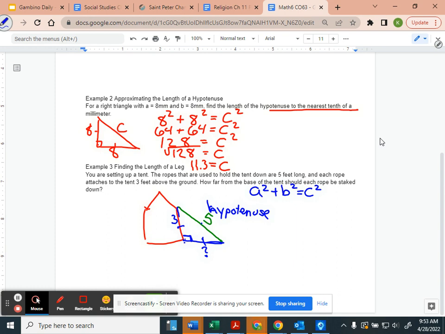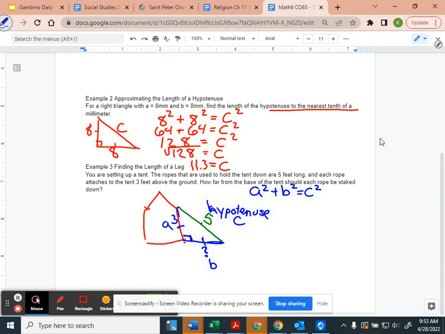So our hypotenuse, we know, is C. So our legs are A and B. If you label your triangle, you can see what your missing variable is. Leg A, we know it. Leg B, we do not know it. That's our question mark. C, the hypotenuse, we know it.